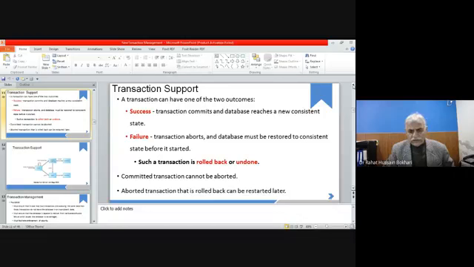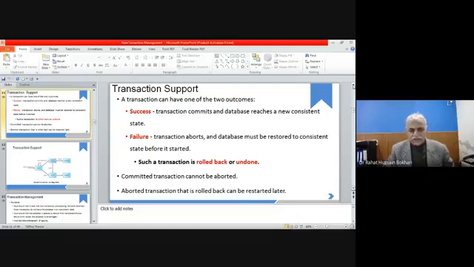So we have to roll back to the state from where we started, before the query began, with the status of the database at that moment. We have to reach back to that status. So this is in case of failure.